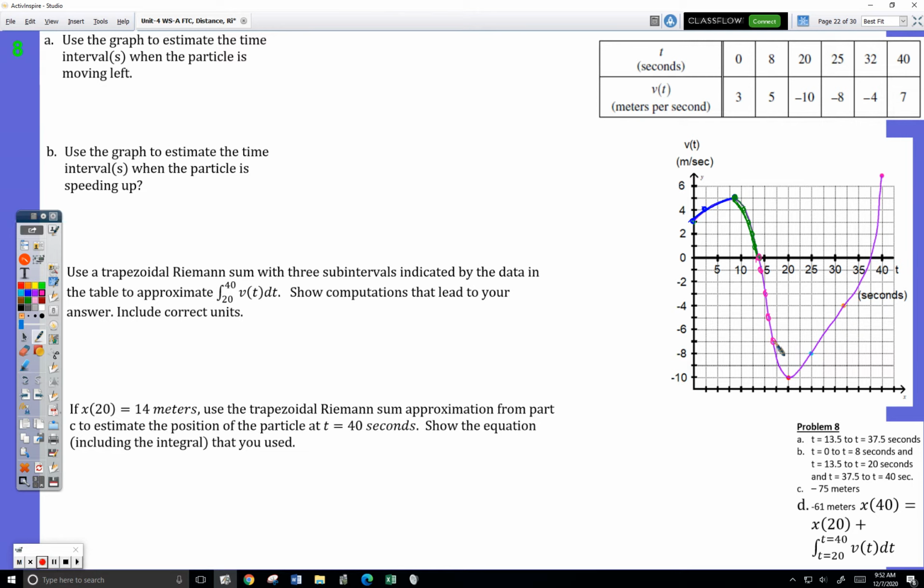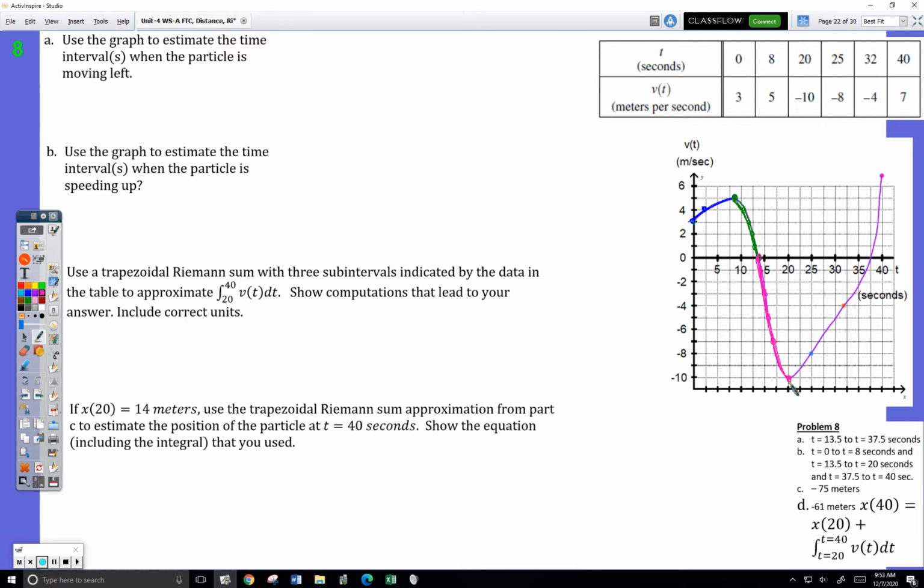Now the velocity is -10. But the speed was 0, 1, 3, 5, 7, 10. Was the particle speeding up or slowing down? Say it. Speeding up.